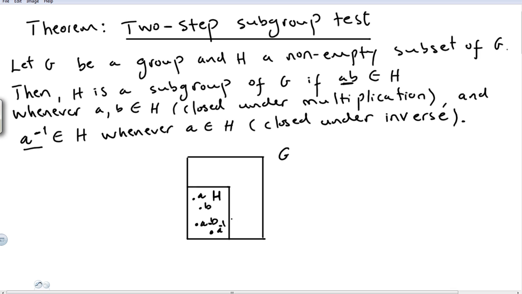So first we gain some intuition here. We have a group G and H is a non-empty subset of G. H is a subgroup of G if we pick A, A is in H, we pick B, B is in H, and the set is closed under multiplication.